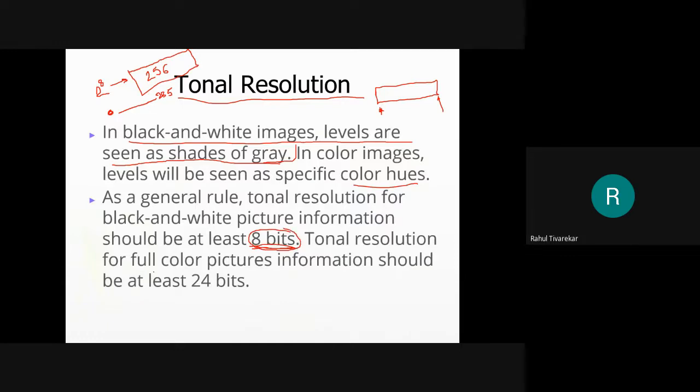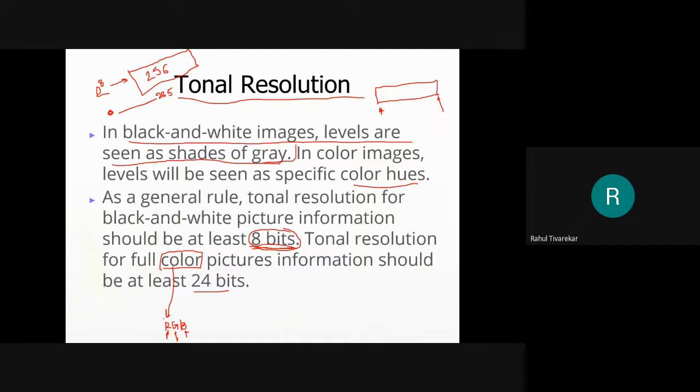The tonal resolution for full color picture information should be at least 24 bits. The meaning of this is, if you have a color image, I already discussed multiple times that a color image is made up of red, green, and blue colors. Most of the time the color model used is the RGB color model. So red can vary in intensity from 0 to 255, green can vary from 0 to 255, and blue also varies from 0 to 255.